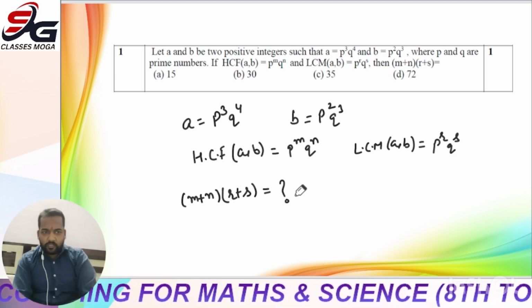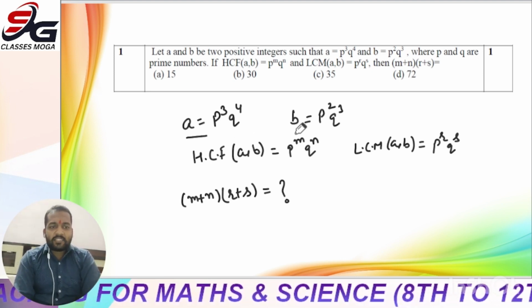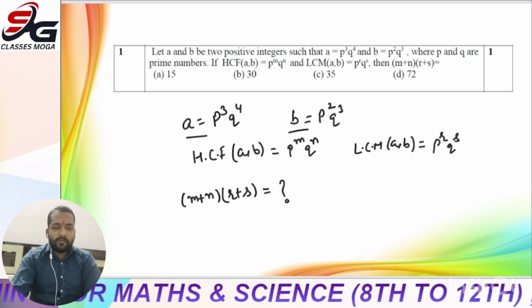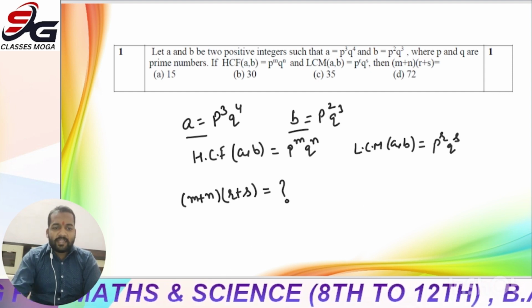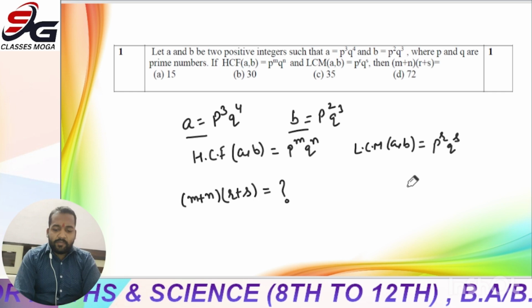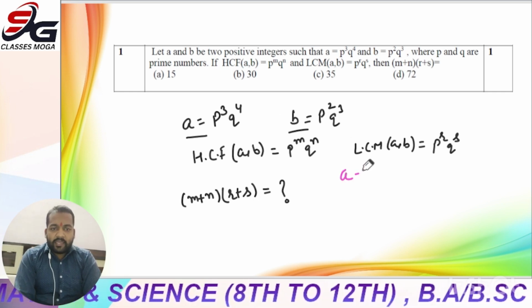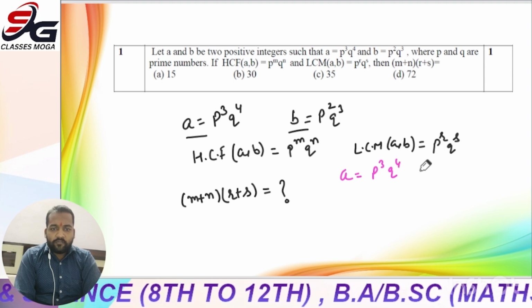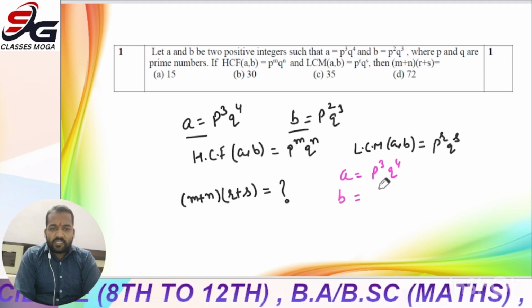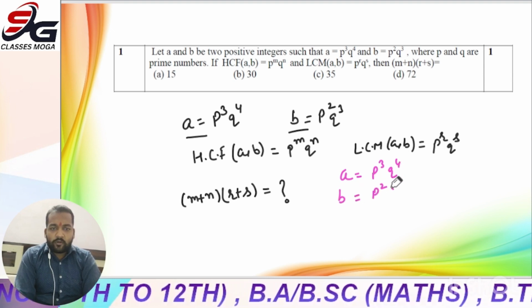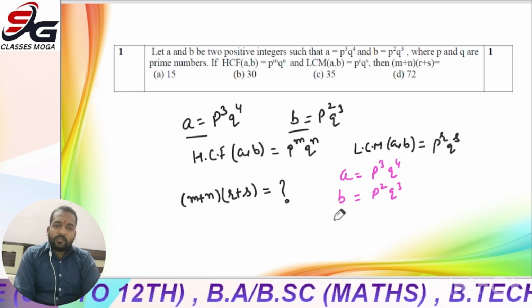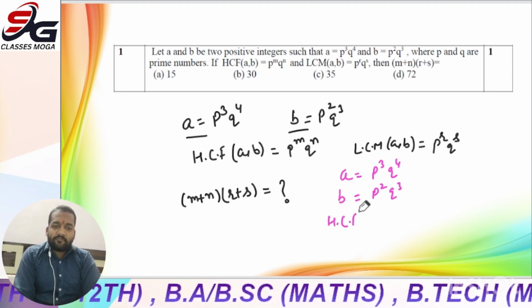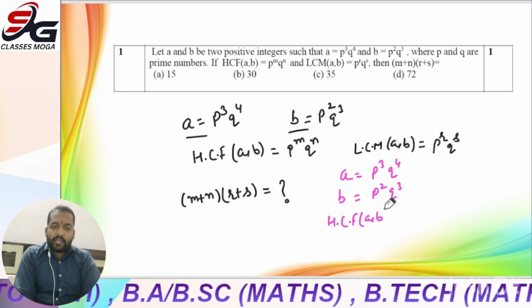So first of all students, find the HCF of A and B. A is equal to P raised to power 3 Q raised to power 4 and B is equal to P raised to power 2 Q raised to power 3. So what is the HCF of A and B?